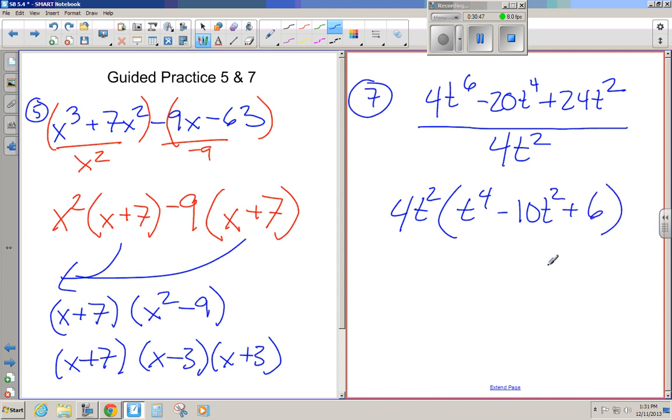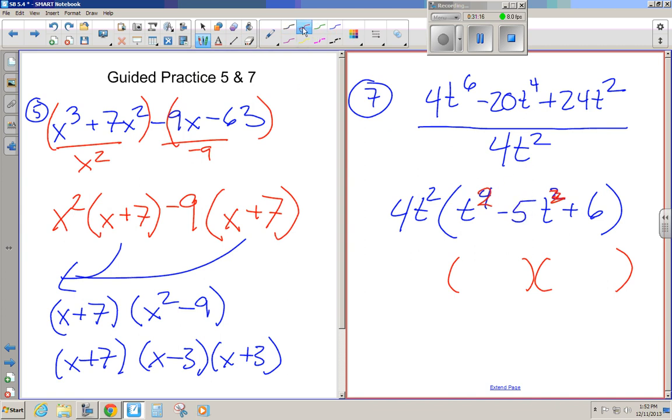6. Now, factors of 6 that somehow can add up to 10. See if you can do it. So for this, you need to pretend again and imagine that this is a squared, because you should be able to factor this. Oh, I'm sorry, I also made a mistake here. 20 divided by 4 is negative 5.